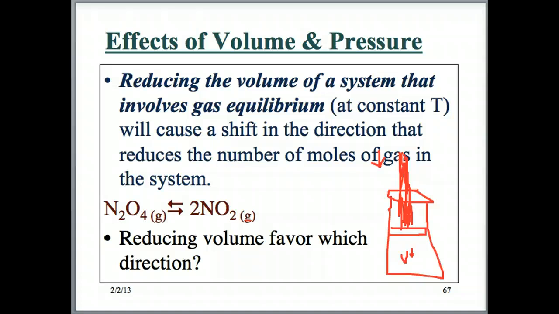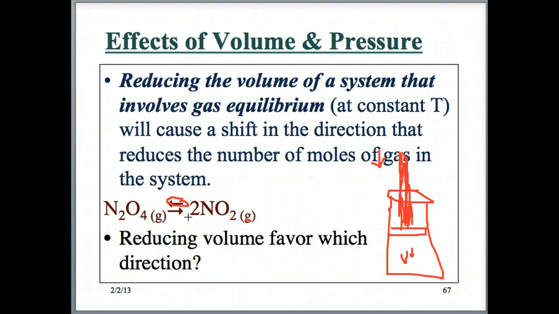This one's the hardest one to see. If I compress it, it's going to go to the reactant side because it's almost like a pressure relief valve. The reaction can react in order to make less pressure.